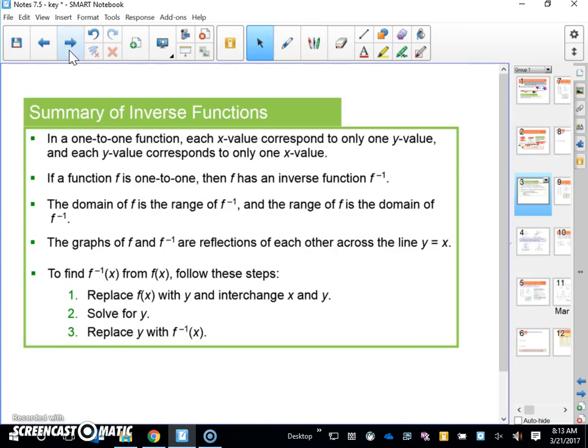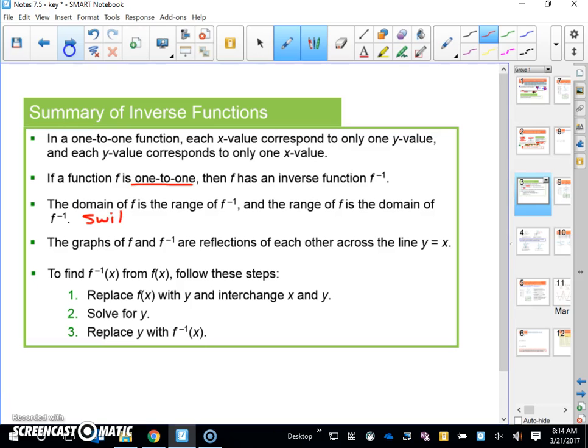So a summary of inverse functions. In a one-to-one function, each x value corresponds to only one y value, and each y value corresponds to only one x value. That's your vertical line test and horizontal line test. If a function is one-to-one, then f has an inverse function. So it's kind of important that we're one-to-one. The domain of f is the range of the inverse, and the range of f is the domain of the inverse.